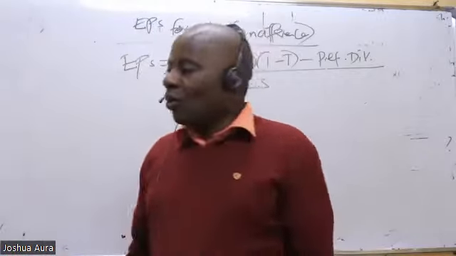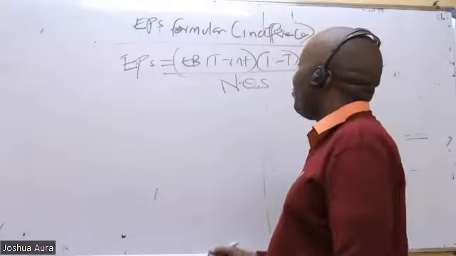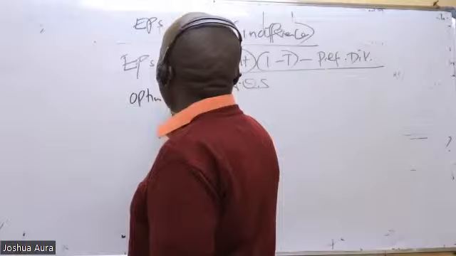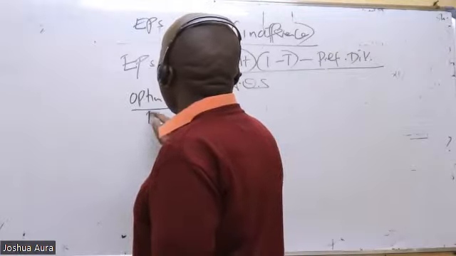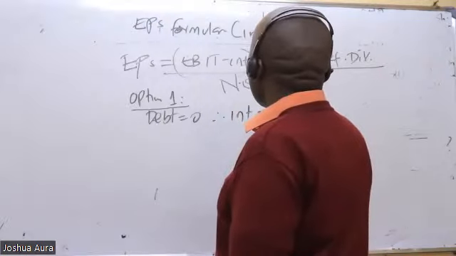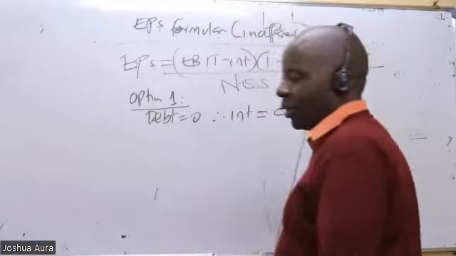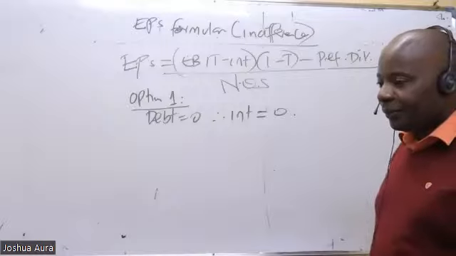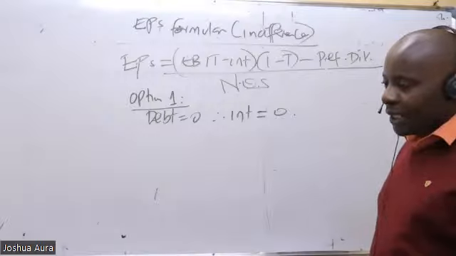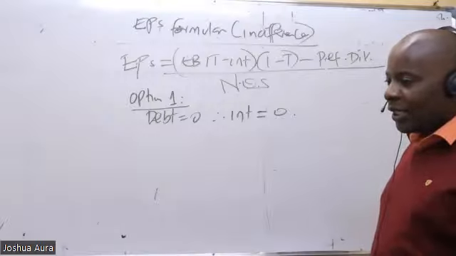Now, what we shall do first of all is to get EPS of option 1. Remember, under option 1, you told me that debt is 0, and therefore interest is 0. John is asking, is interest taxable?